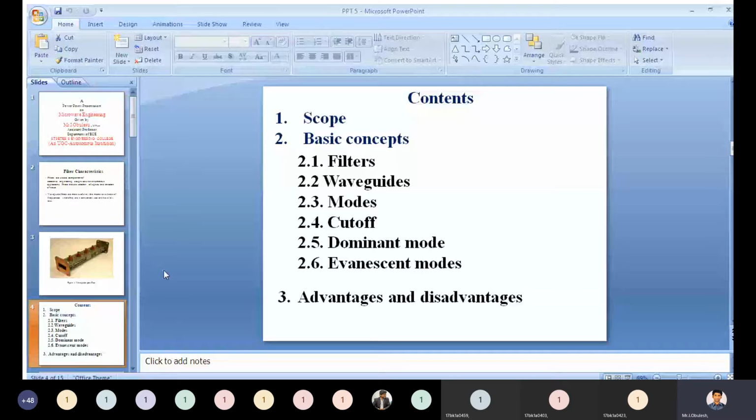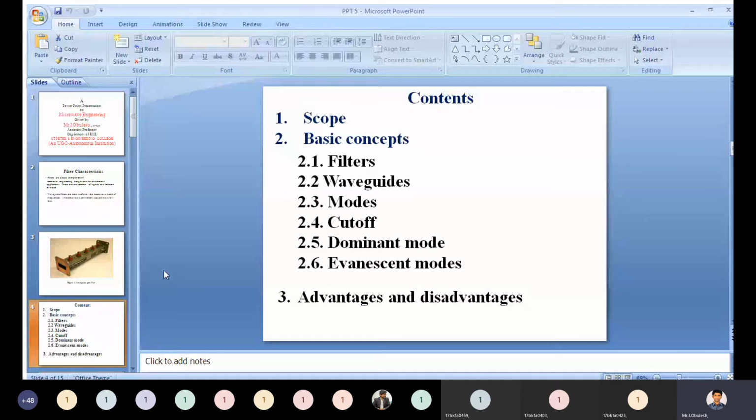And what are the advantages and disadvantages of waveguide filters? From the basic concepts, inside we have filters, waveguides, modes, cutoff frequencies, dominant modes, and evanescent modes. So in the basic concepts we have six sub-concepts: filters, waveguides, modes, cutoff, dominant mode, evanescent modes.